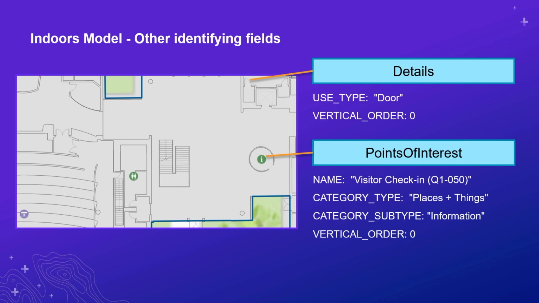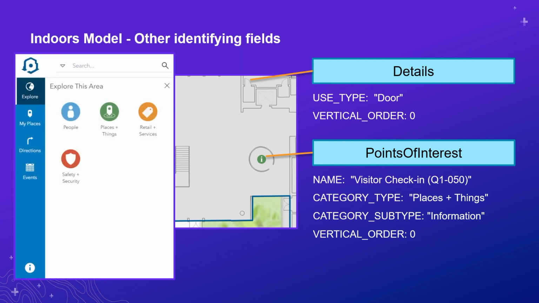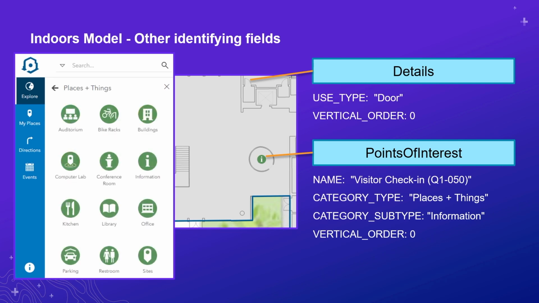The Details feature class also has a use type attribute, but the Points of Interest feature class handles things a bit differently. It has category type and category subtype attributes that organize the points of interest in the client app's Explore view. We'll talk more about the configurable ArcGIS Indoors client apps in a bit.